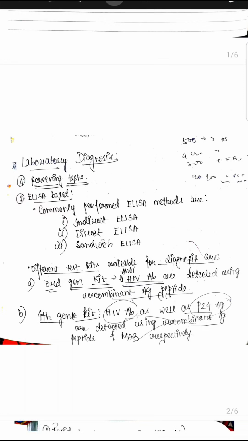The CDC classification system has divided AIDS clinically into 9 stages, and the WHO clinical staging is based only on the clinical features.